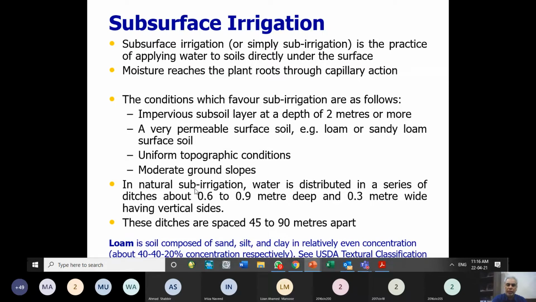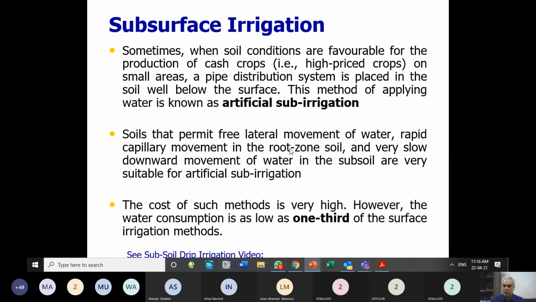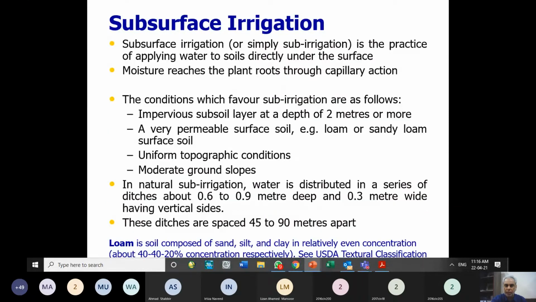In one variant of this subsurface irrigation method, we provide water in the field through small field channels, in a series of channels about 40 to 90 meters apart from each other.